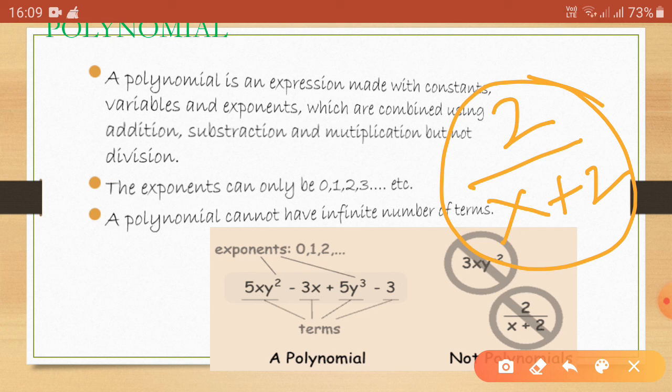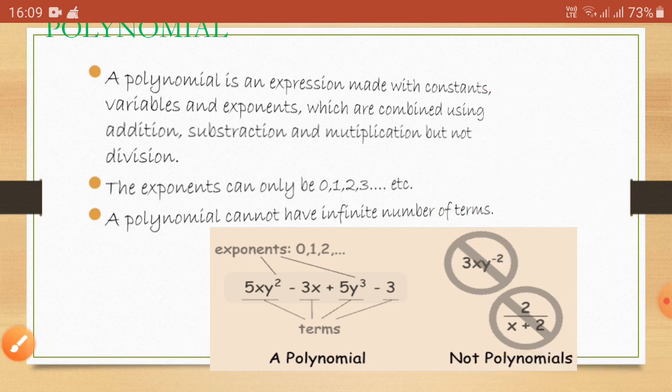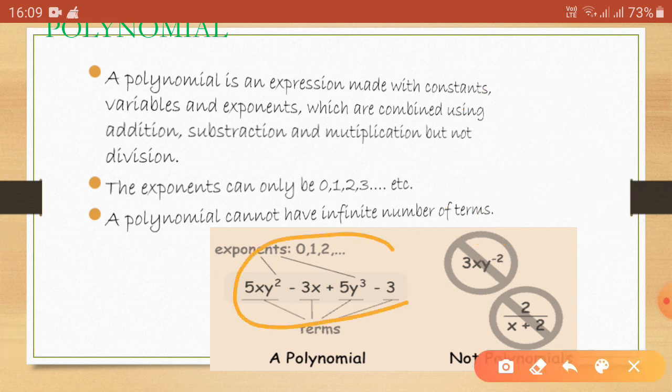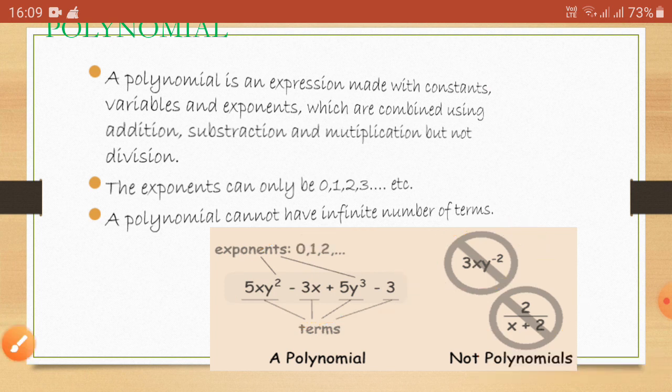No, because we know terms are combined using only addition, subtraction, and multiplication, but not division. Got it? So we got all the examples. This is polynomial, this is not polynomial. Okay, go to the next.